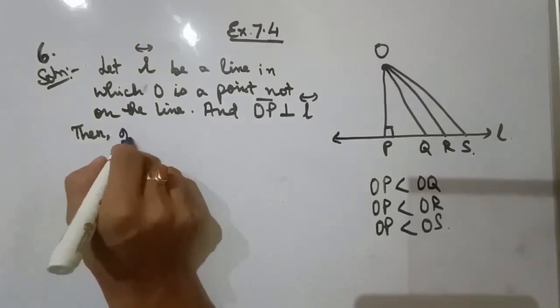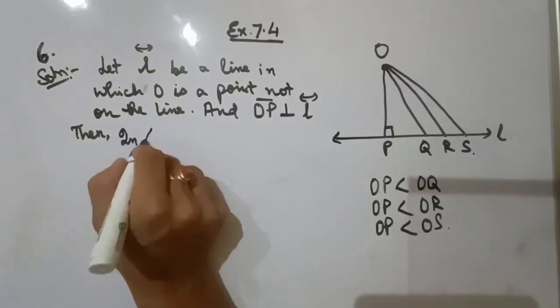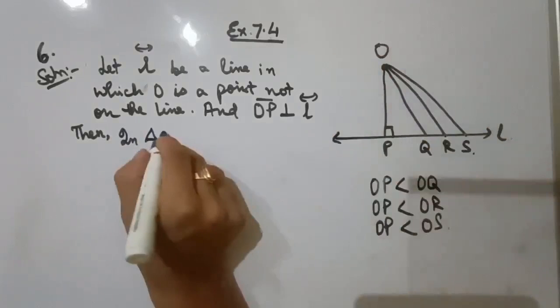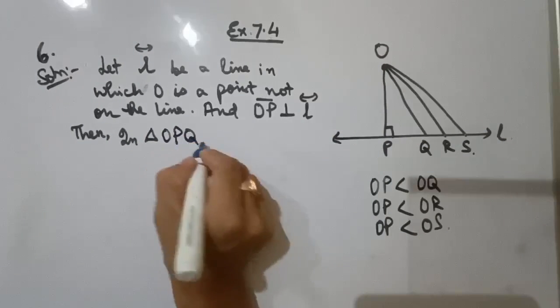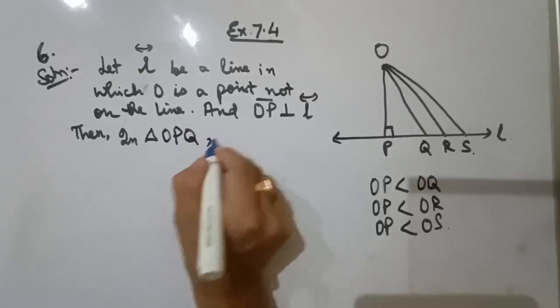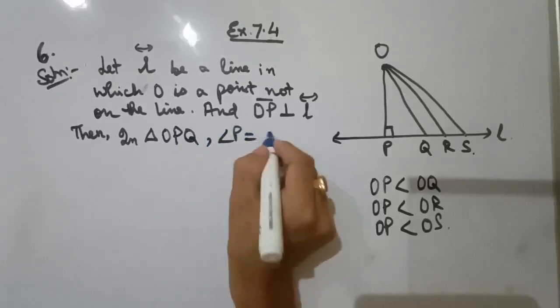So in triangle OPQ, the measurement of angle P is 90 degrees.